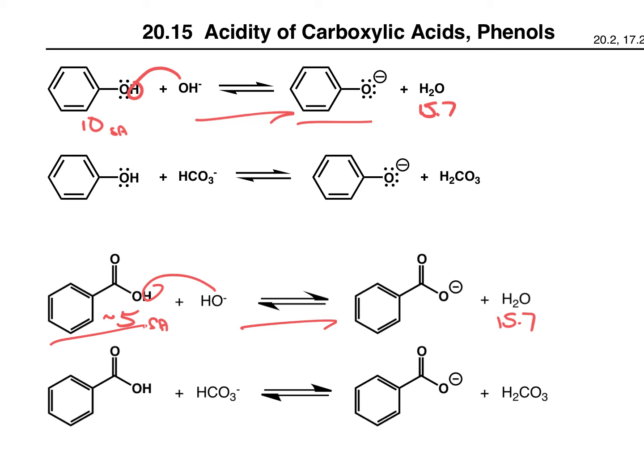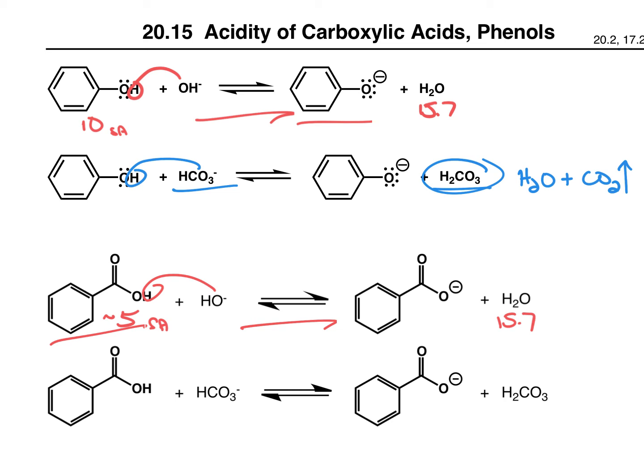What if we used a weaker base such as bicarbonate? Well, phenol plus bicarbonate, this is going to grab off the proton, giving phenoxide and H2CO3. And H2CO3 actually breaks down to form water plus carbon dioxide, and then carbon dioxide is bubbled off as a gas.